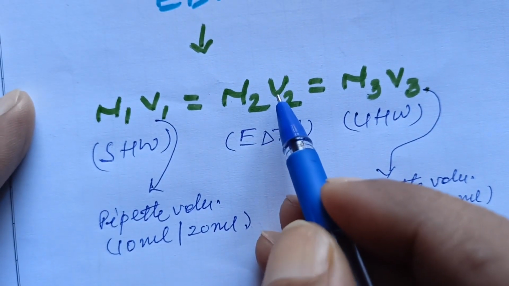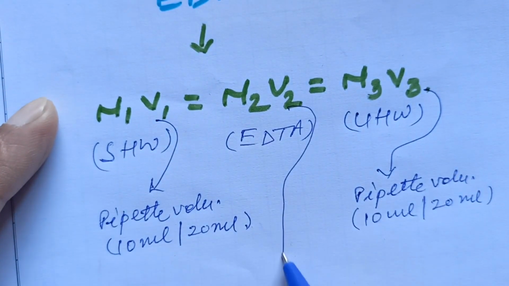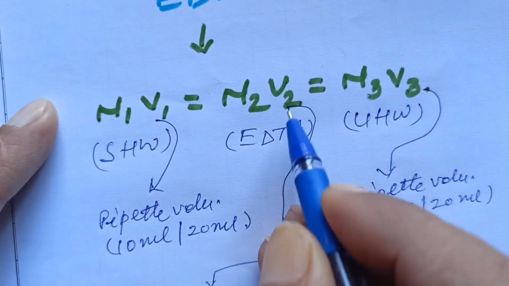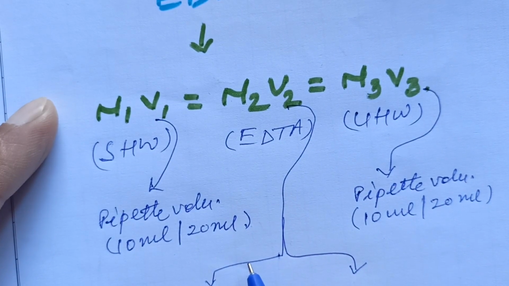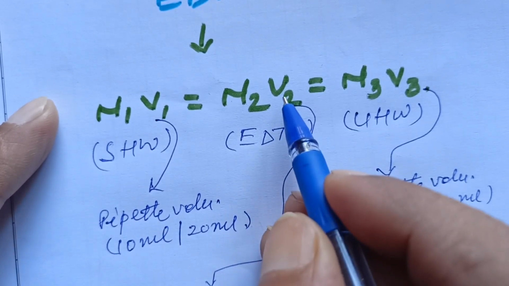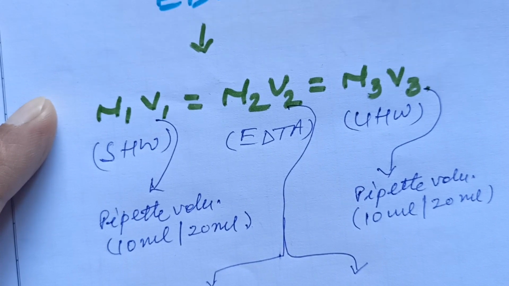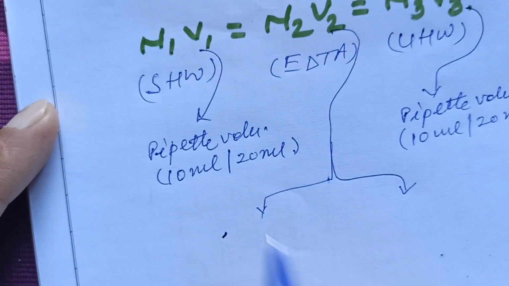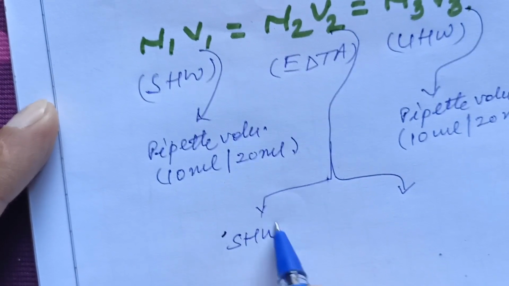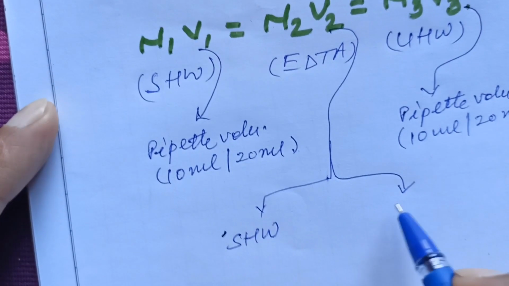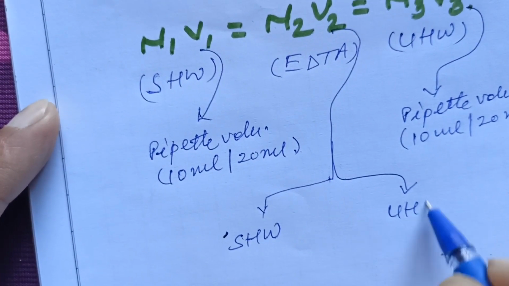And this V2 is of two types. This V2 is the volume of EDTA solution, the disodium salt of EDTA solution. First it is for the standard hard water, and second time it is used for the unknown hard water.